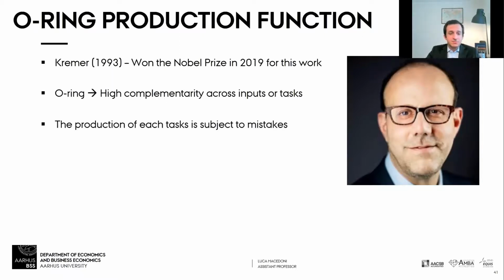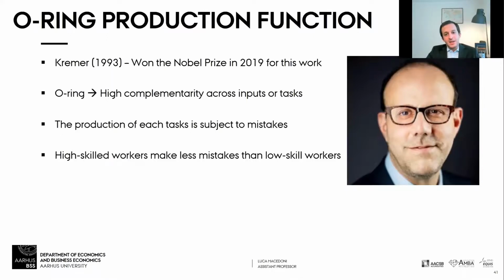Now, you can imagine that the production of each of these tasks is subject to mistakes, to malfunctions. Okay? And high-skilled workers are much better at reducing the probability of a mistake than low-skilled workers. And so you can picture this as a combination of Feenstra-Hanson and Grossman and Rossi-Hansberg.